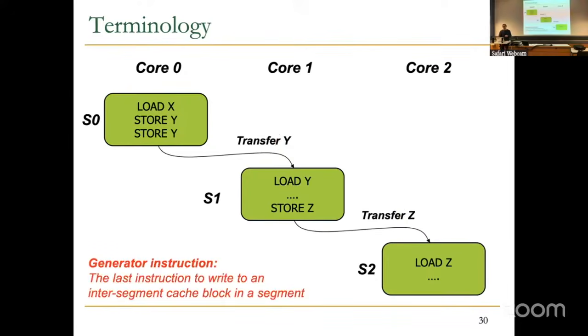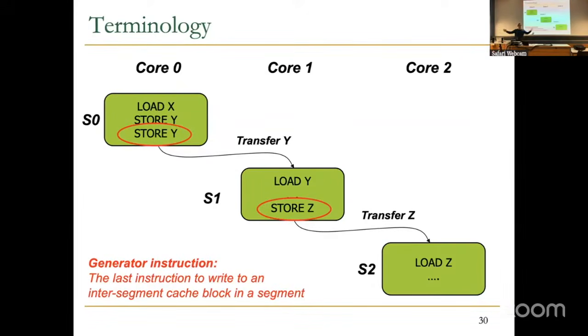Okay. We also define a generator instruction as the last instruction to write to an intersegment cache block in a segment. So clearly, Y is part of an intersegment cache block, and its generator instruction in this segment is the store instruction, right? And Z is also an intersegment cache block, and its generator instruction is the store instruction. Now, there could be multiple generator instructions, which makes things more interesting and complicated because of control flow in programs, right?